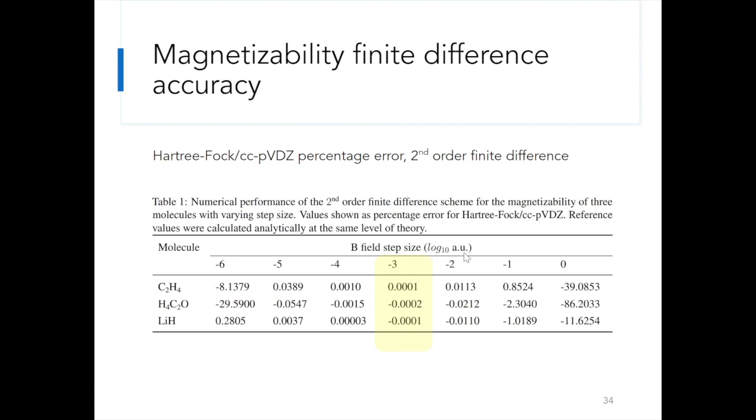When you go to a bigger step size, you get contamination from higher order contributions. So we have a sweet spot here of 1e-3 in the B field, where this is percentage error. So it's really quite good. This is 1e-4 in percentage error.